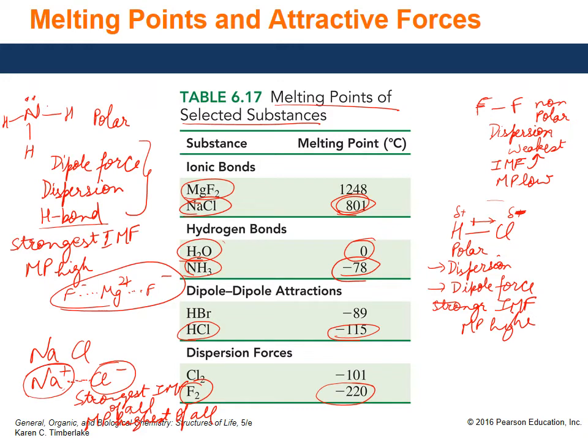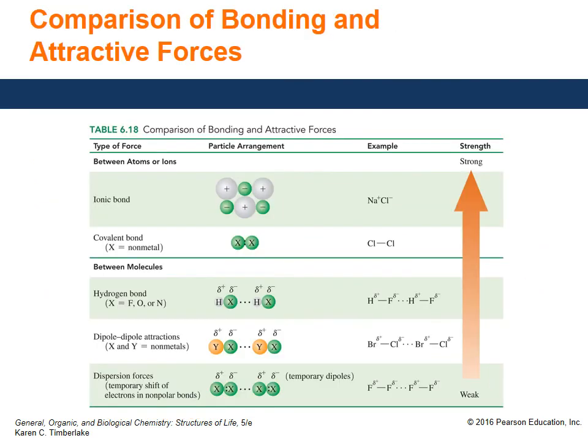So basically the rule is: strong IMF, high melting point. Weak IMF, low melting point. Okay. Alright, this is just a summary of what we saw up until now.